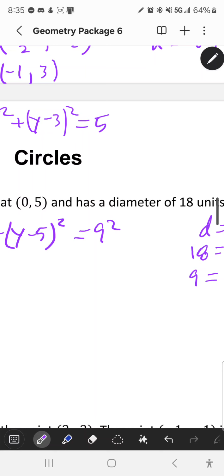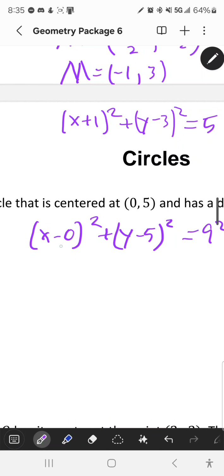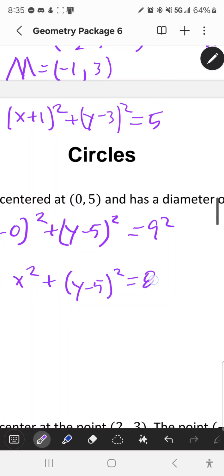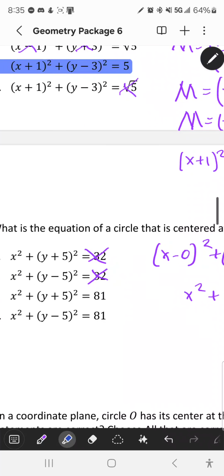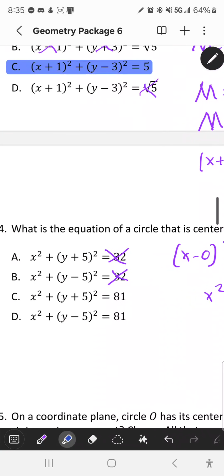So this will equal 9 squared. If we simplify this, x minus 0 is just x, so it will be x squared plus y minus 5 squared equals 9 squared, which is 81. So we take out this. We have y minus 5, which is d.